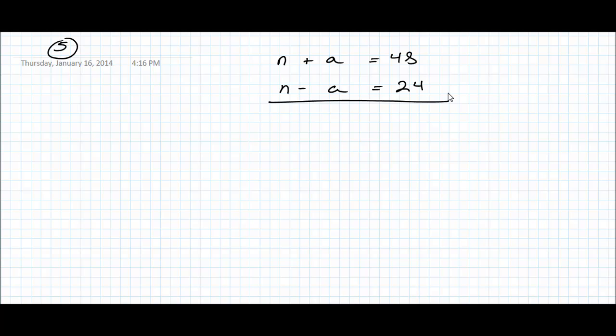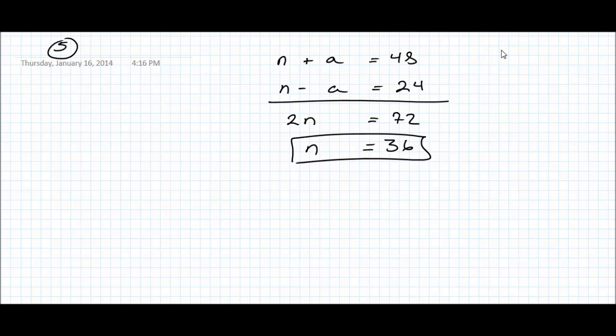We just add by elimination, so we're going to get 2n equals 72. Divide by 2, so 72 divided by 2 is 36, so n is 36. So we plug into the next equation, n plus a equals 48. So 36 plus a equals 48. Subtract 36 on each side, so a equals 12.